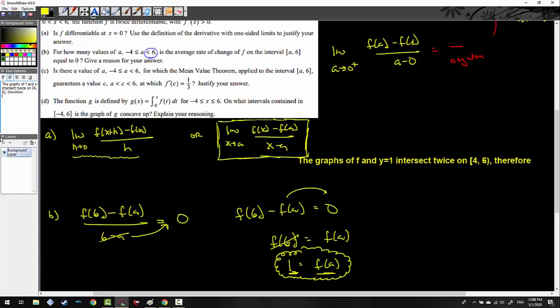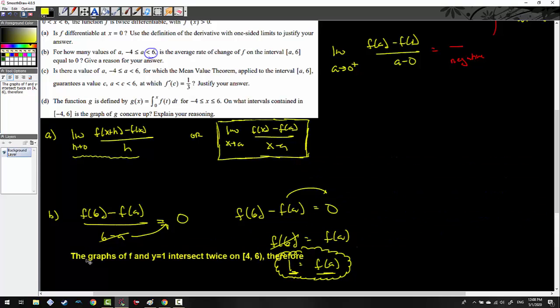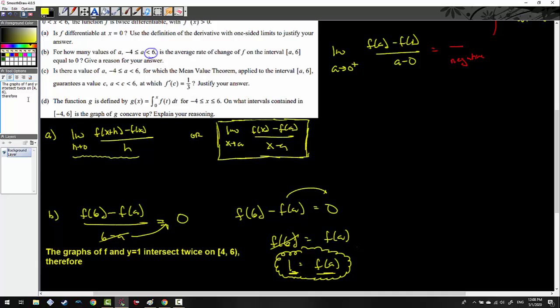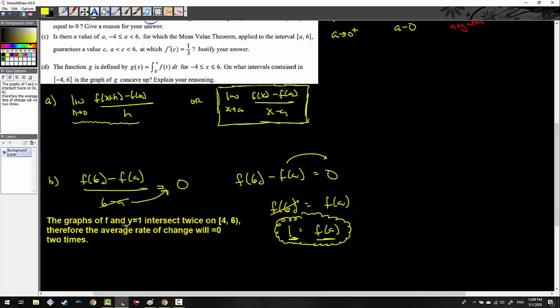Therefore, the average rate of change will equal 0 2 times. It's kind of a weird question right there. Hopefully that makes sense. Let's go ahead and clean up the board, and I'll move on to C.